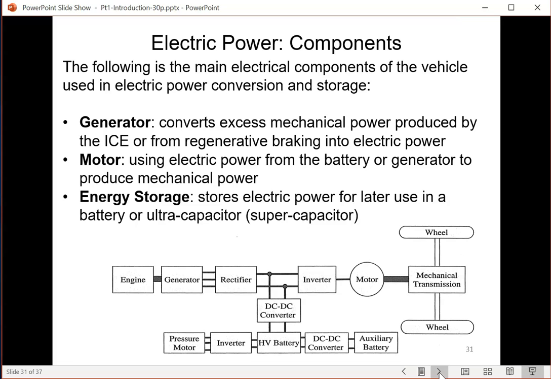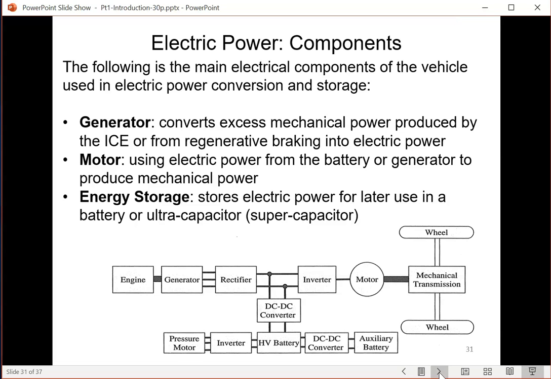For some hybrid electric vehicles, you will also need a dedicated generator, in addition to the electrical motor, to convert the energy from the internal combustion engine, either to provide electrical power to the motor or to charge the battery.